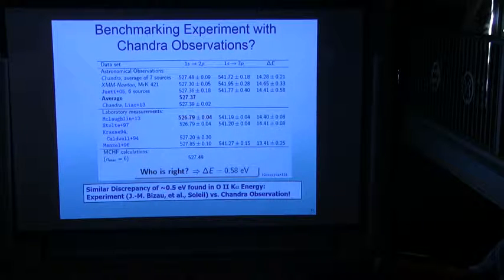And likewise, there's that same difference: one has to add half an eV to get from here to there. The same way, these Soleil measurements were more than half an eV lower than what Chandra was observing. So this might be considered a reverse-engineering way to perhaps calibrate the experimental measurements using Chandra data. Okay.